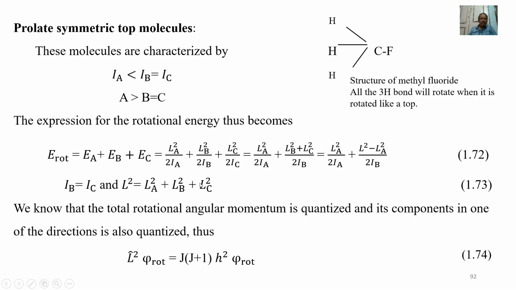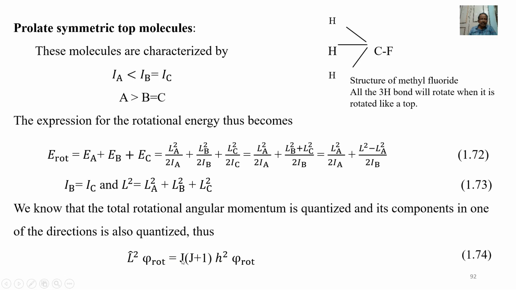We know that the total rotational angular momentum is quantized, and its component in one of the directions is also quantized. So the rule goes like this. You have L squared phi rotation, which is equal to J into J plus 1 h squared phi rotation. That is, the eigenvalue of L squared is given as J into J plus 1 h squared.